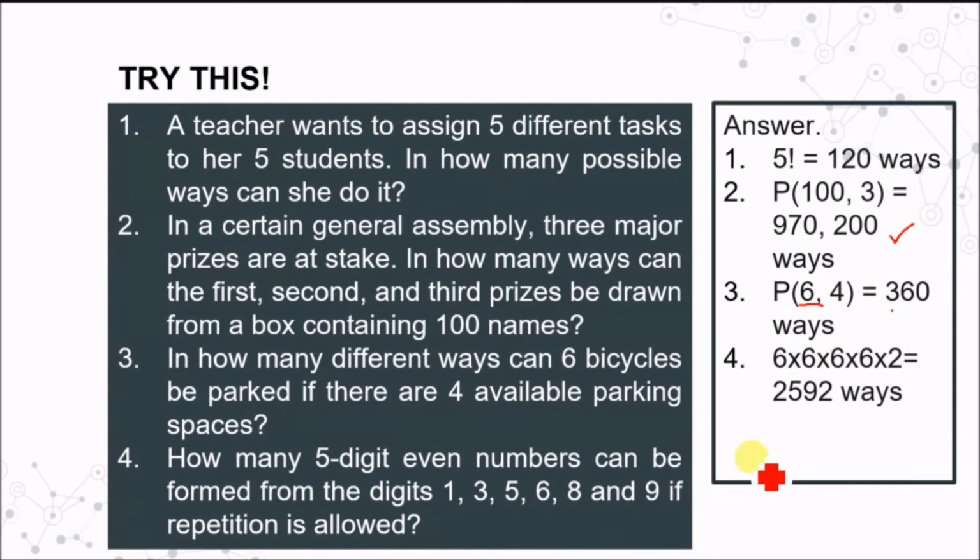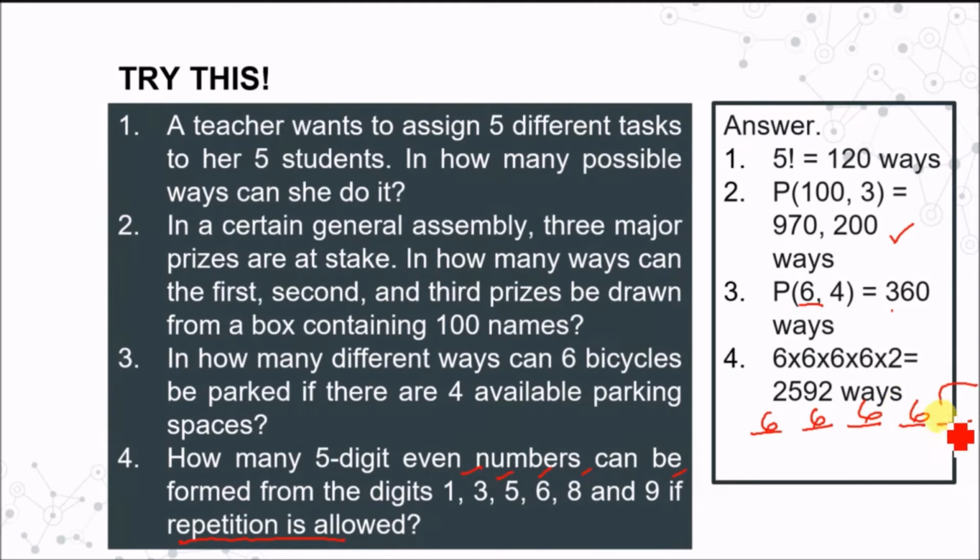And for our last problem, we apply the fundamental counting principle. It was stated that repetition is allowed. Meaning, in every space you can still repeat the digits. For the first attempt, you can use 6 digits. For the second attempt, you can use another 6 because repetition is allowed, and another 6, and another 6.